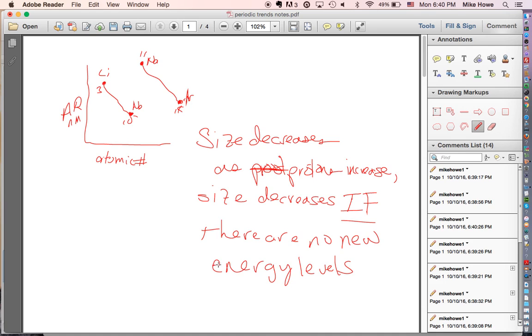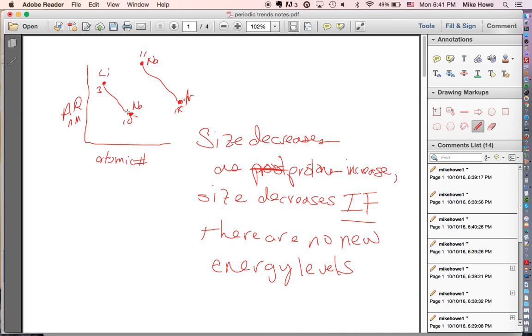As you add the protons, the atoms are going to get smaller. As you go from 3 protons to 4 to 5 to 6, the atoms get smaller because the protons are pulling the electrons in tighter since they're opposite in charge.